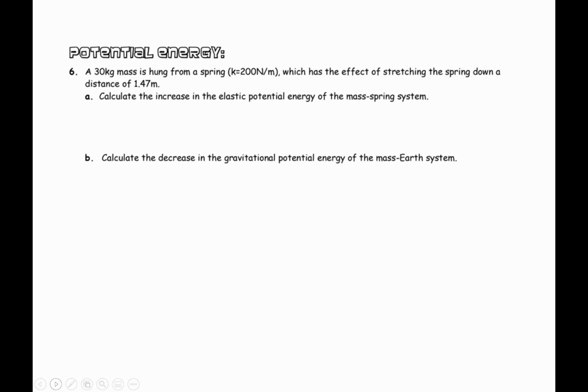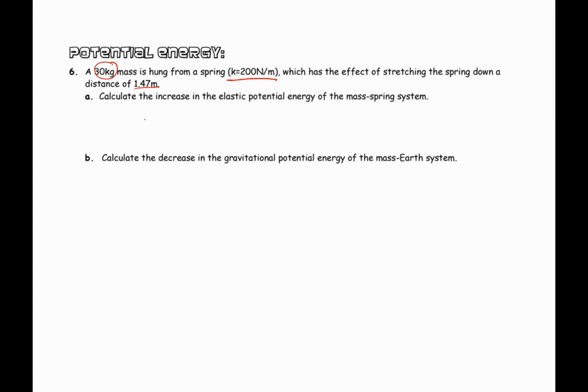So let's look at our very last question for today. Our last question for today is a potential energy question. It says a 30 kilogram mass is hung from a spring with a constant of 200 newtons per meter, which has the effect of stretching the spring down a distance of 1.47 meters. Calculate the increase in elastic potential energy of the spring.